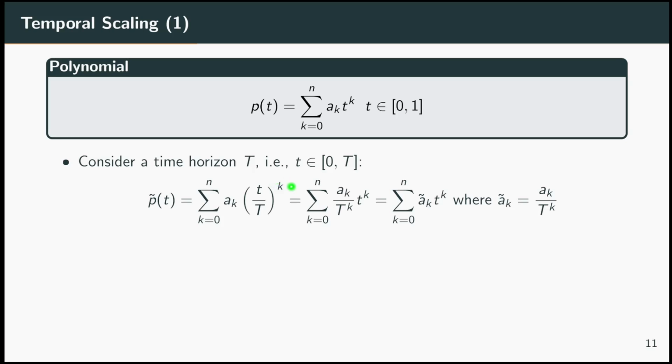Okay, then we have this power of k, so we can just put it on both terms, t to the power of k, uppercase T to the power of k, rearrange a little bit, we get this. And then we can just rename this a_k over T to the power of k to be this a_k tilde. And then it looks exactly like this.